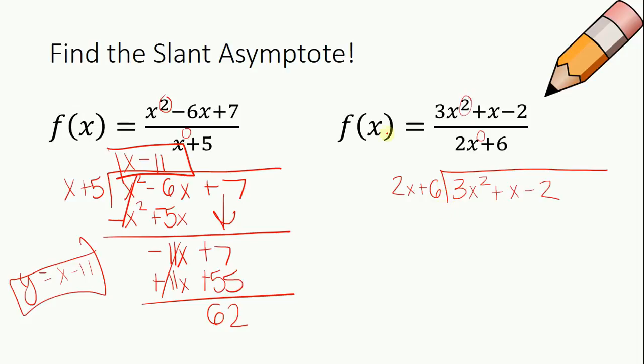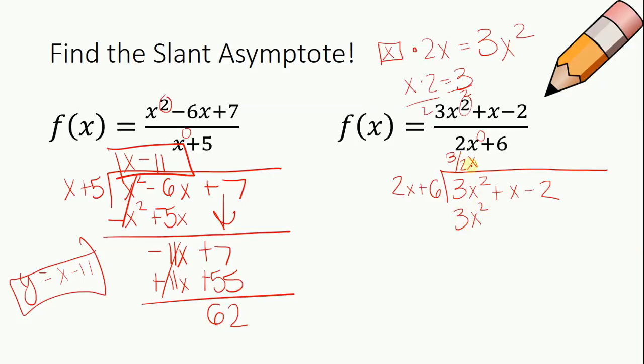So let's call that x, times 2x has to give us 3x squared. Well, I know it's got to be an x, right? We know there's got to be an x, we just don't know the number. So something times 2 has to give me 3. So if I divide by 2, it looks like the coefficient has to be 3 halves.